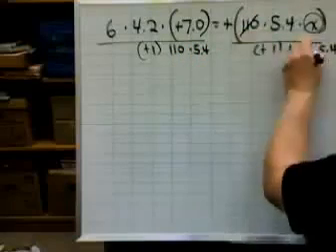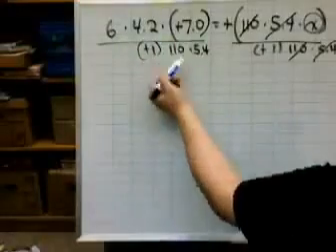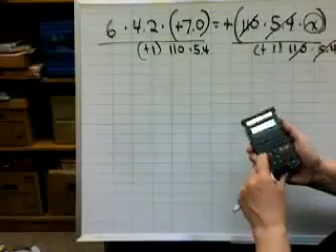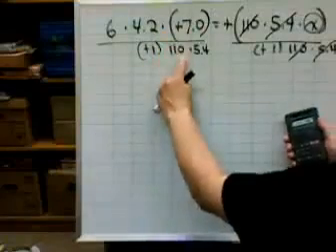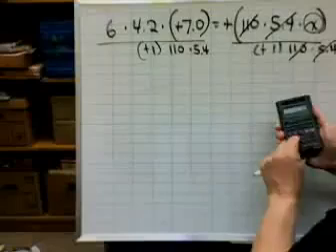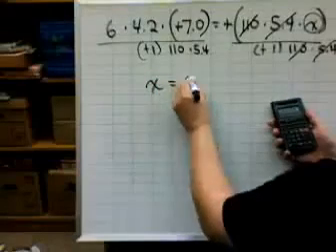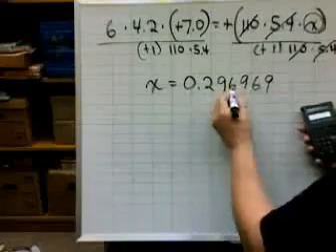And so the 110s will cancel, the 5.4s will cancel, and you have this whole mess here. 6 times 4.2 times 7 divided by 110, and then that whole answer is divided further by 5.4. And so this would give us x equals 0.296969. And this would be good.